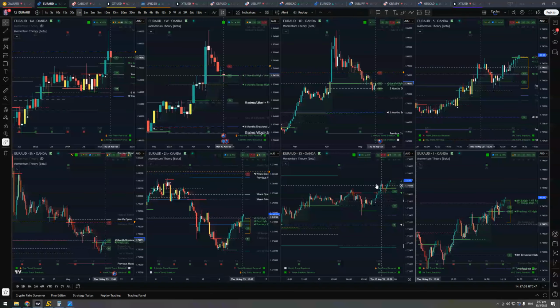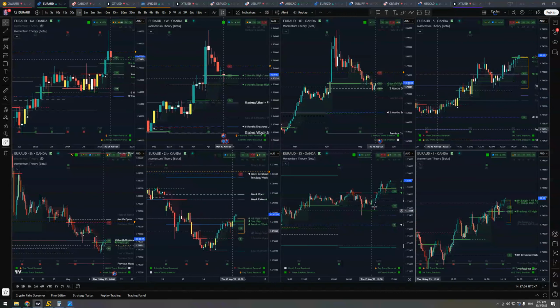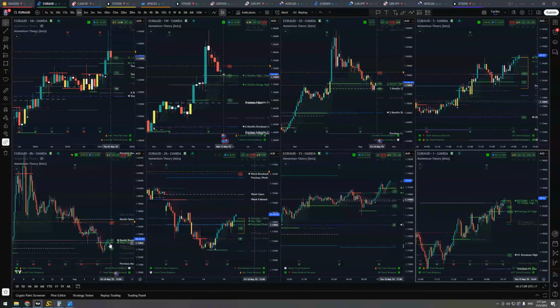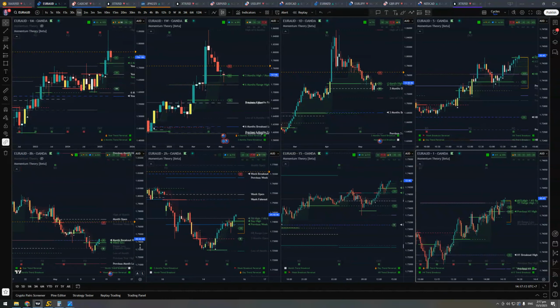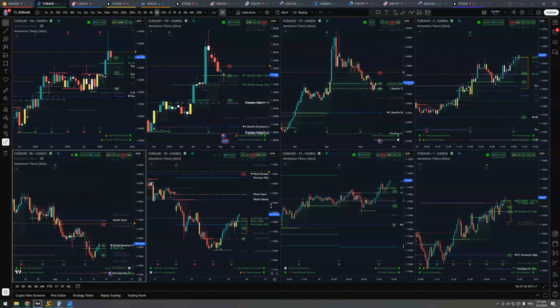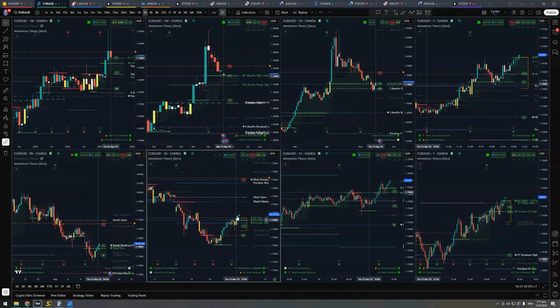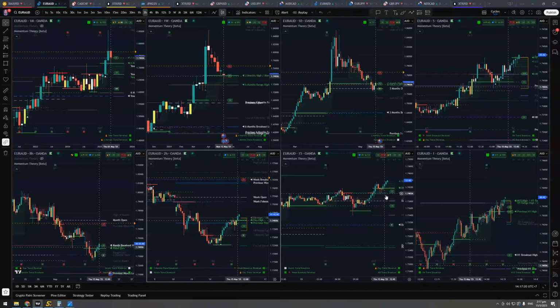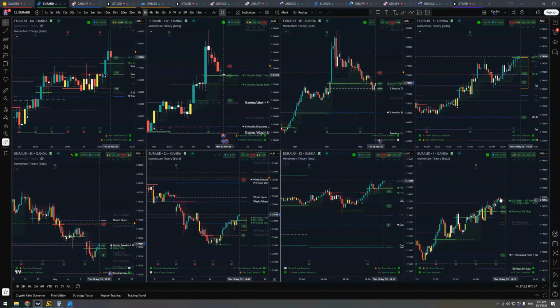Okay, so Euro Oz pushing up. I was looking for a buy on this one. This one, it is getting above previous week low, and we've already flipped that daily breakout level. So this would be good to go, but would prefer a pullback on that one.